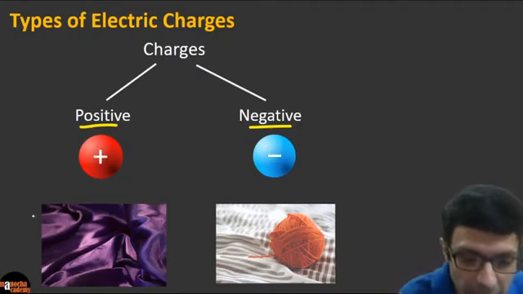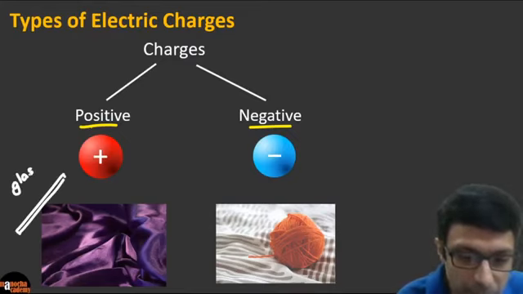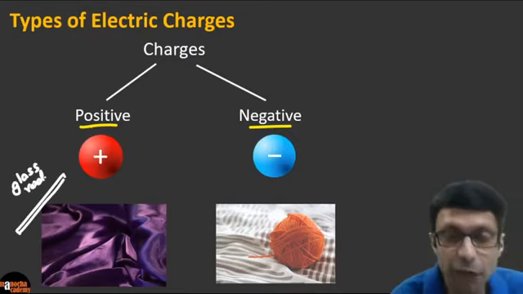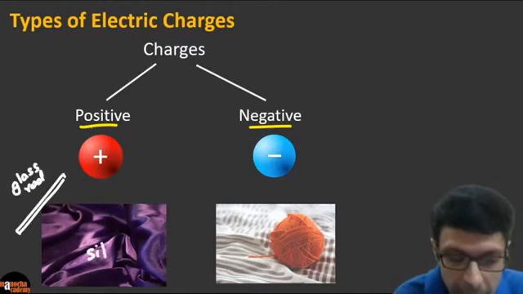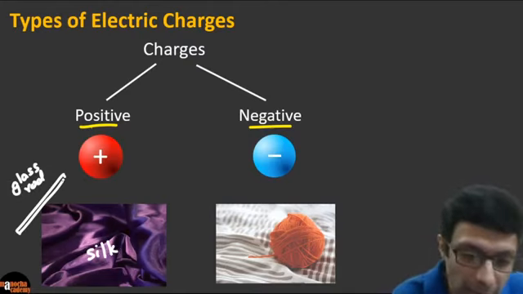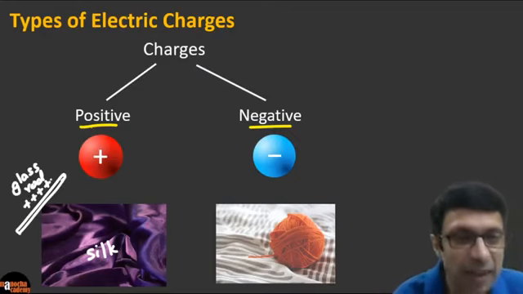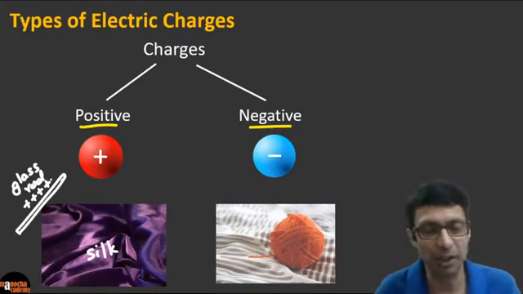You must be knowing this: if you take a glass rod, and it's rubbed on a silk cloth, the glass rod is going to get positively charged, right guys? The glass rod will get a positive charge.